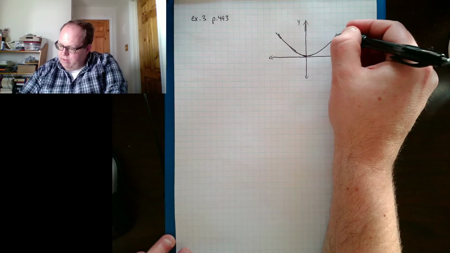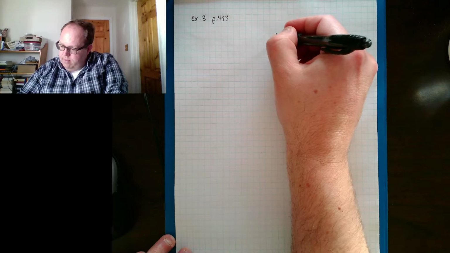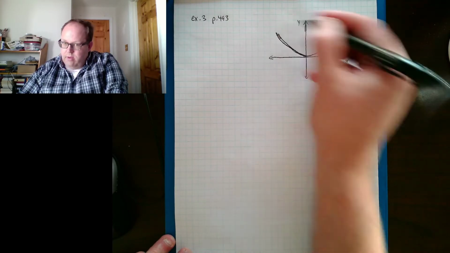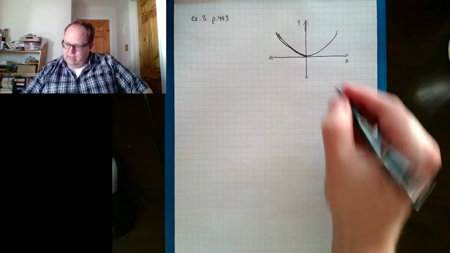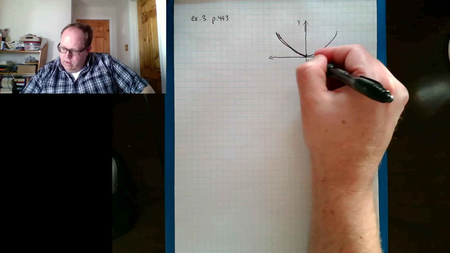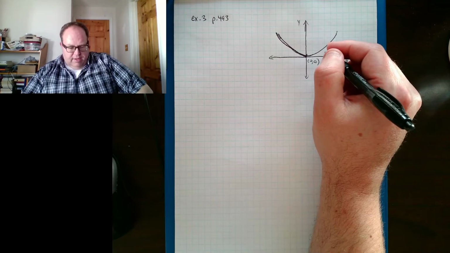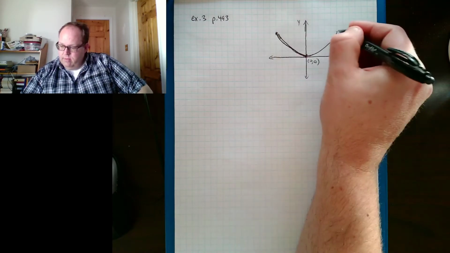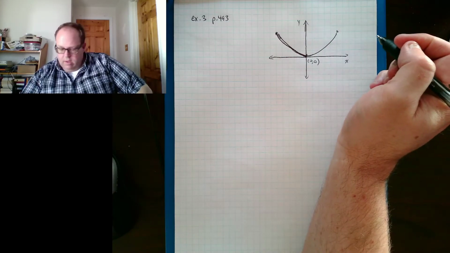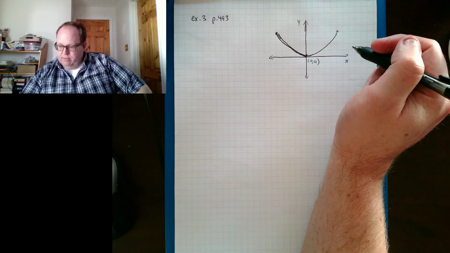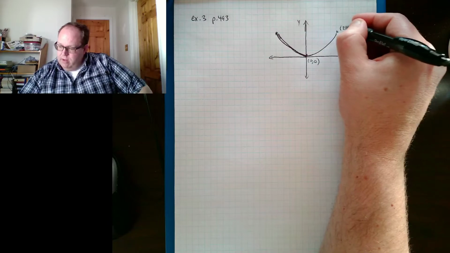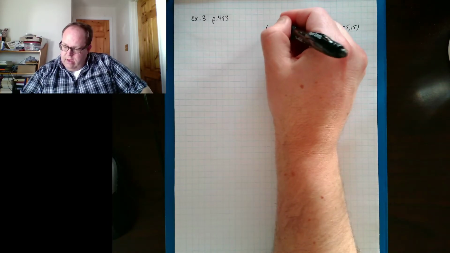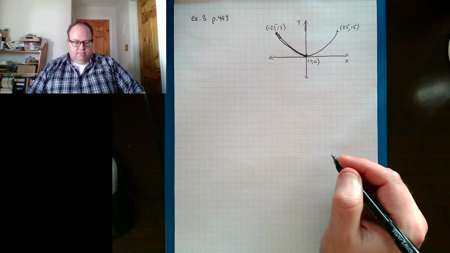I apologize for that as well. The important things for us to build into this are that the parabola is 50 centimeters wide at its maximum and 15 centimeters deep. That means these points are going to be at 25 and 15 and negative 25 and 15.